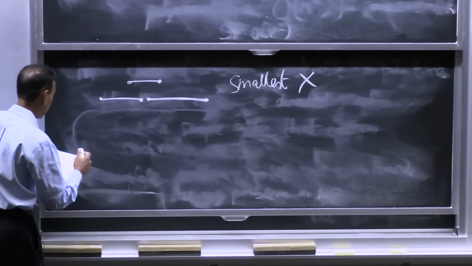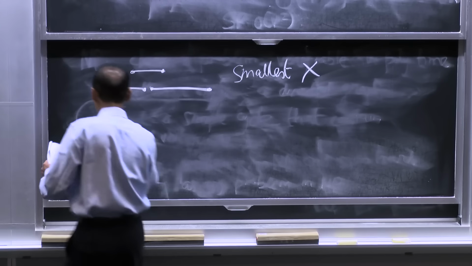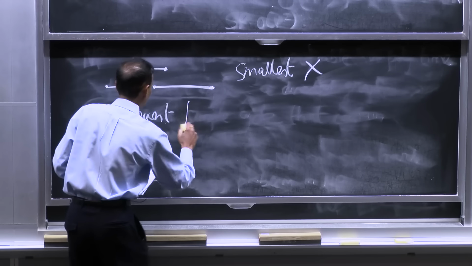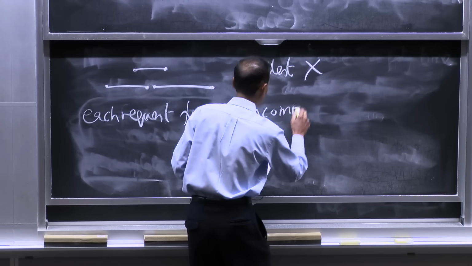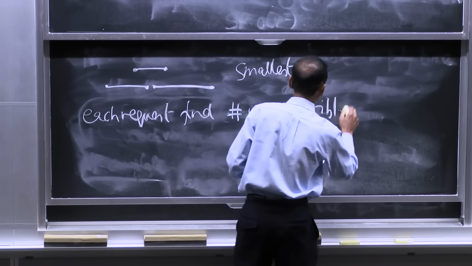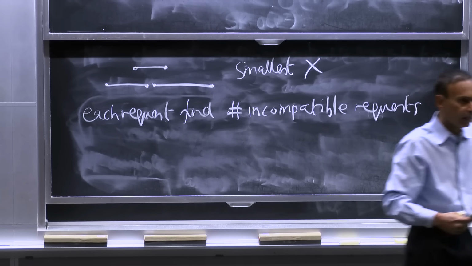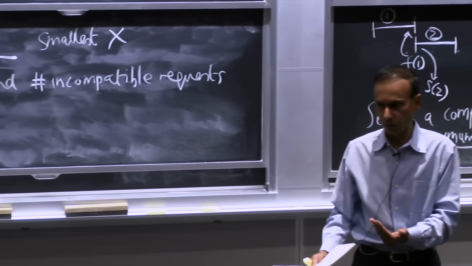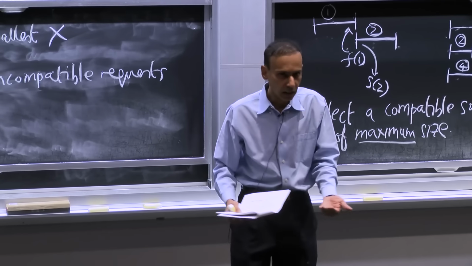Here's one that might actually work. For each request, find the number of incompatible requests. So you've got a request, you can always intersect the other requests with it and decide whether the second request is compatible or not, right? And you do this for every other request.